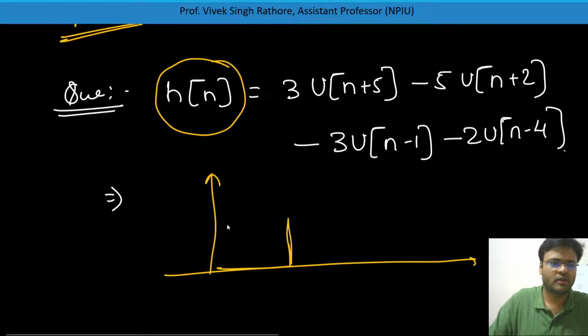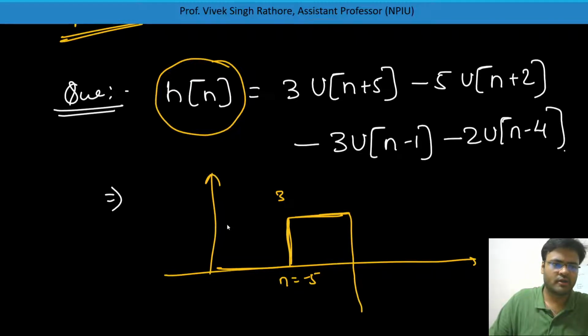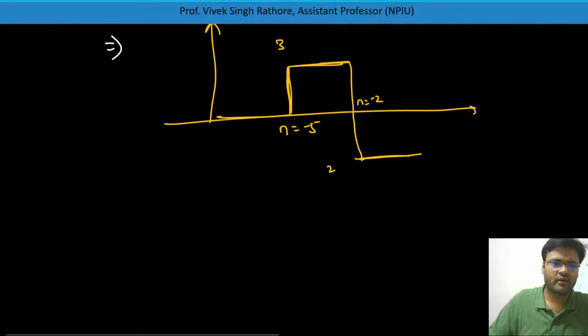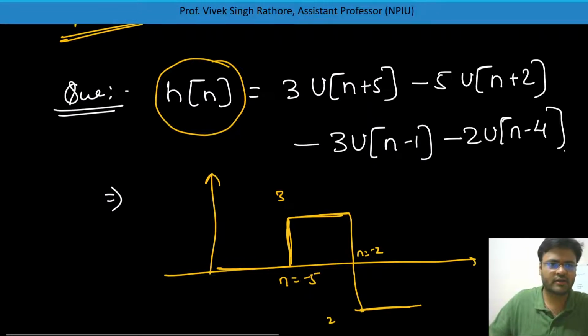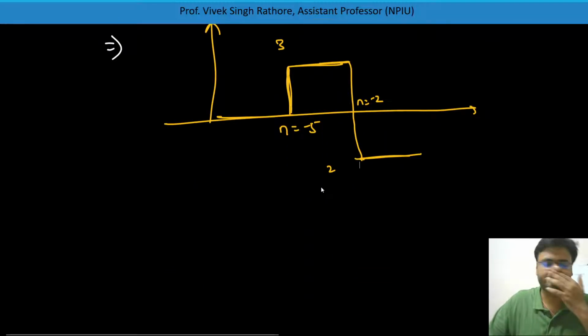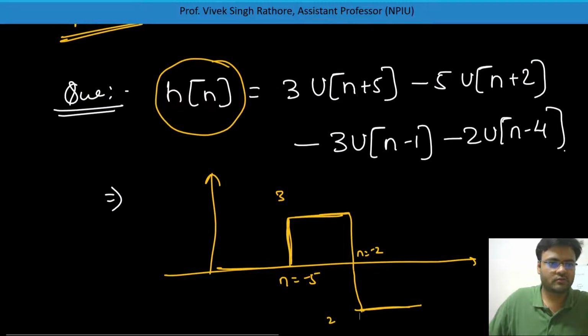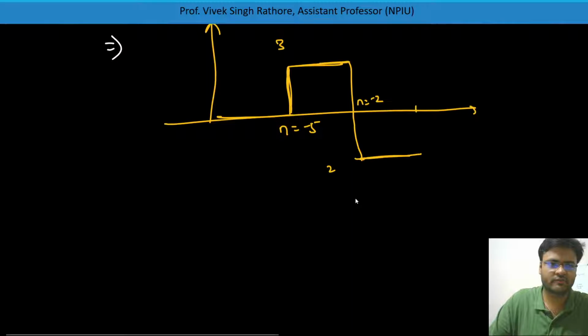For 3u of n plus 5, from n equal to minus 5 the value is 3, and then minus 5u of n plus 2, so 3 stays till n equal to minus 2. Then with u of n minus 1, it will decrease: minus 5 minus 3 will come, so minus 3 for n equal to 1.